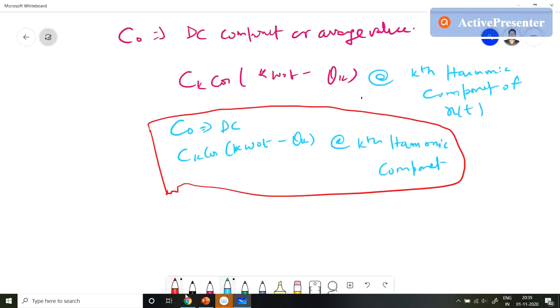The first harmonic component: if we put k equals 1, then C1 cos(omega naught t minus theta 1) is called the first harmonic component.